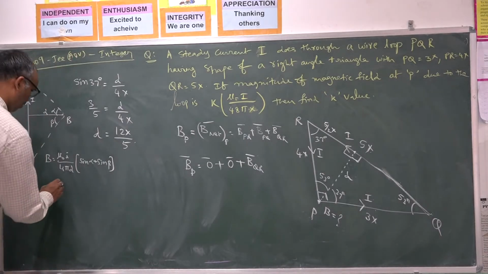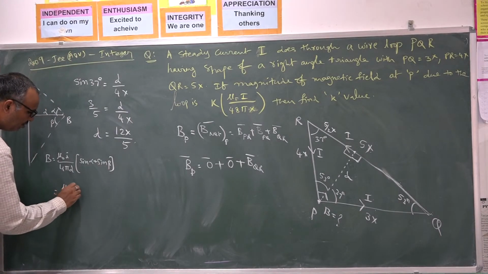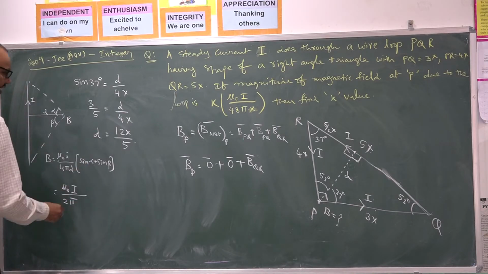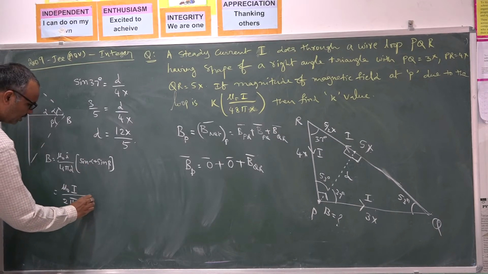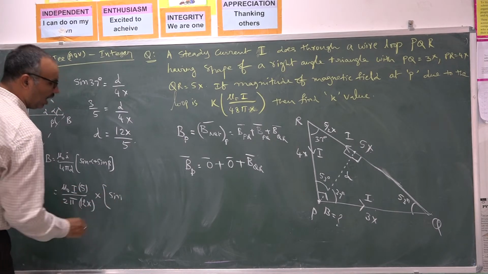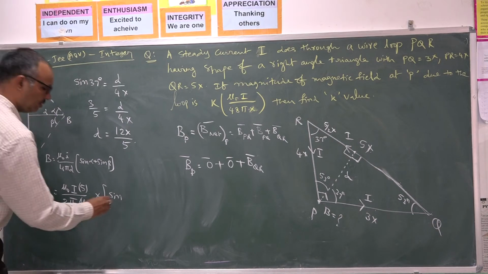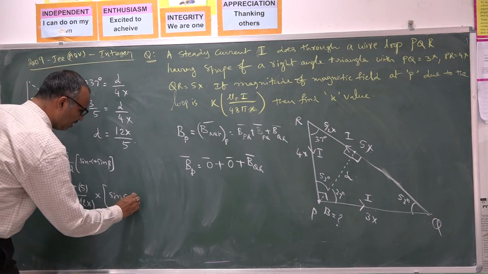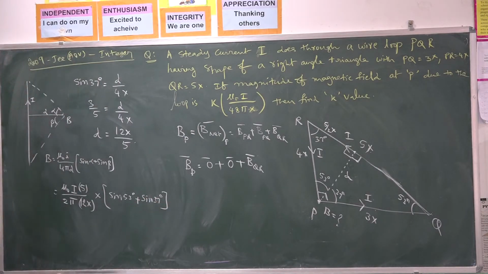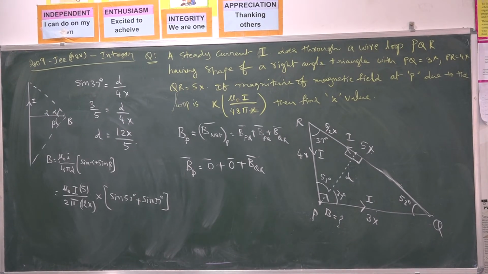So as per the question, mu naught into strength of the current is I only, by 4 pi. Just now I calculated d value as 12x by 5, into sin alpha. Alpha is 53 degrees, sine 37 degrees. Now you simplify. Here you know the values of sine 53 and sine 37.